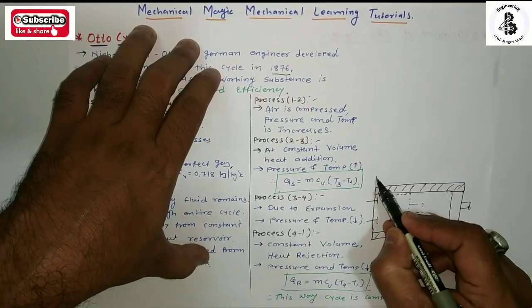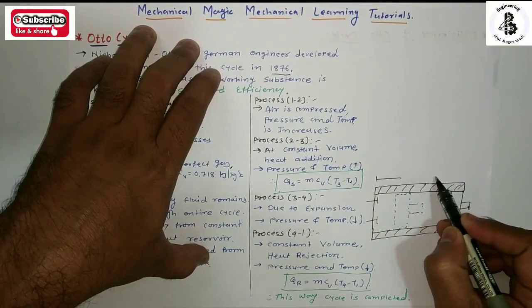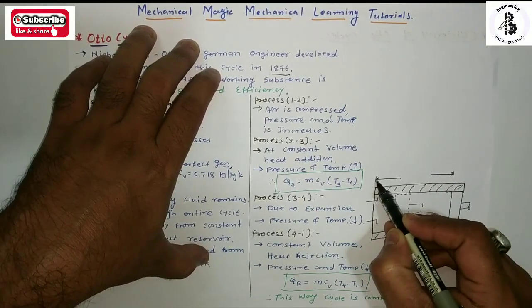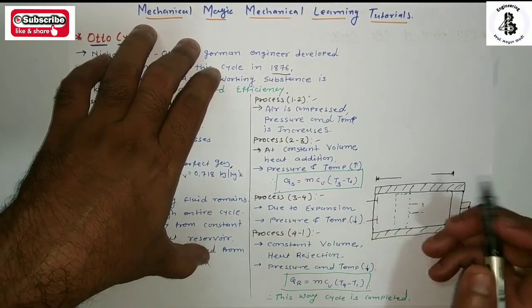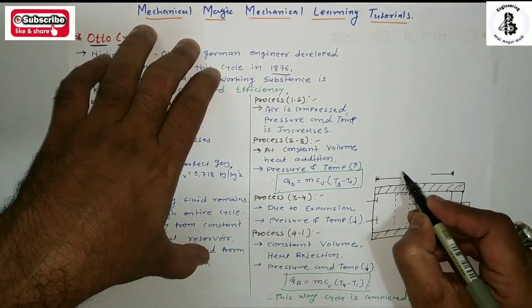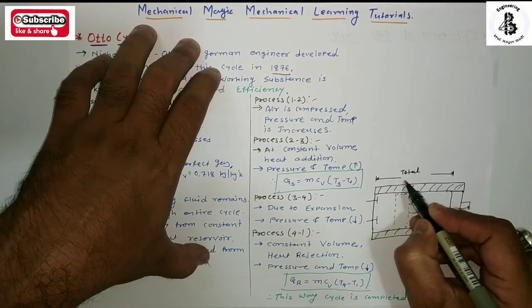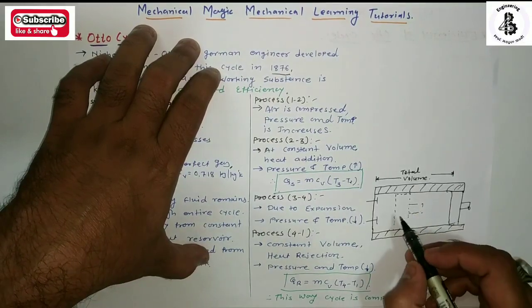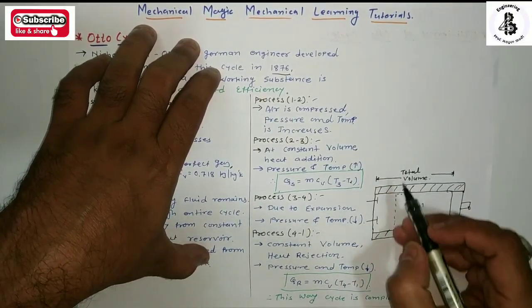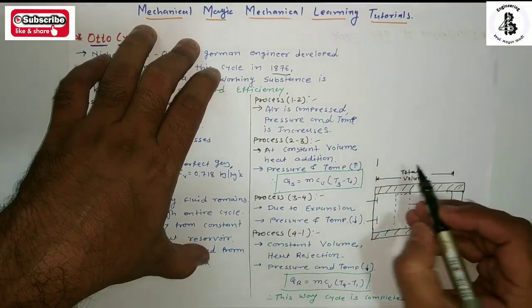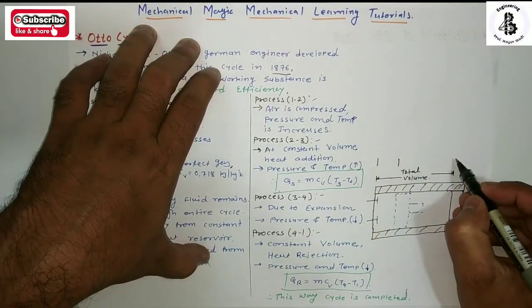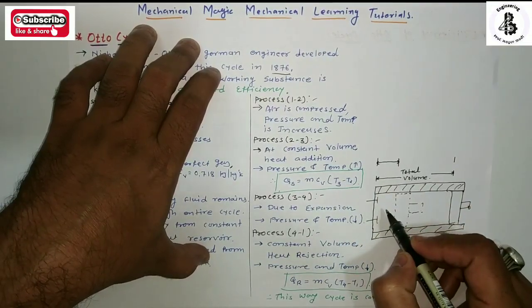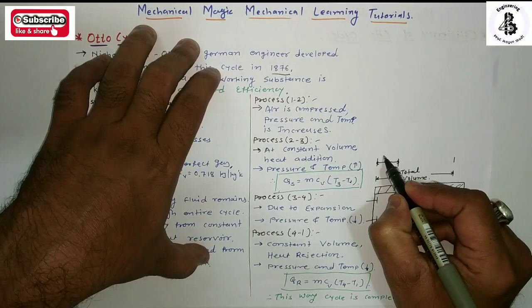From the diagram, that much area will be considered the total volume inside the cylinder, and from here that is the clearance provided in the cylinder.